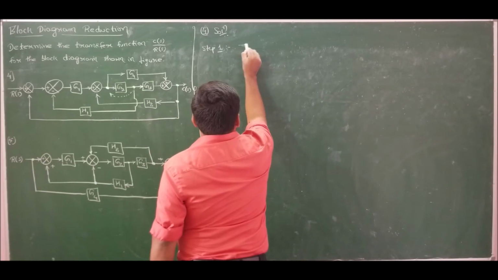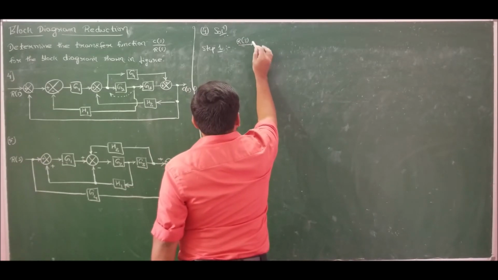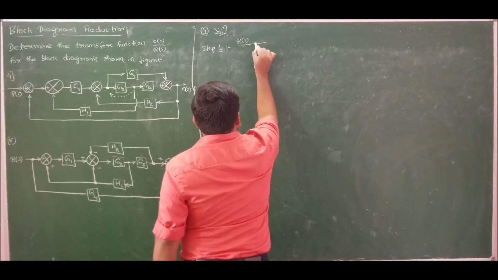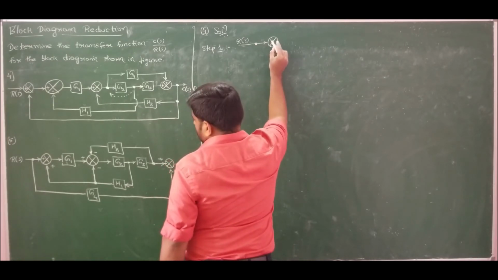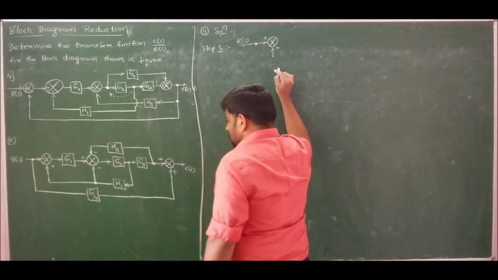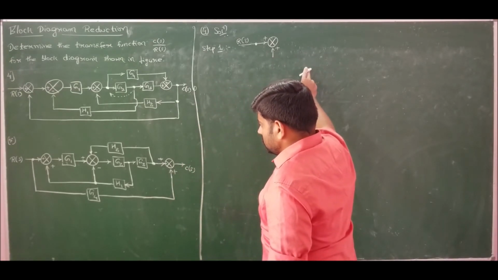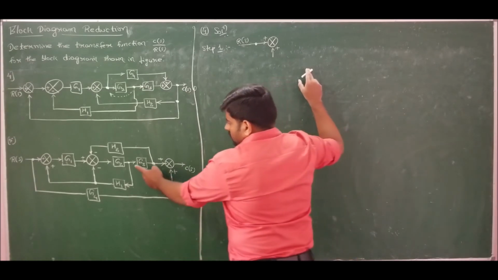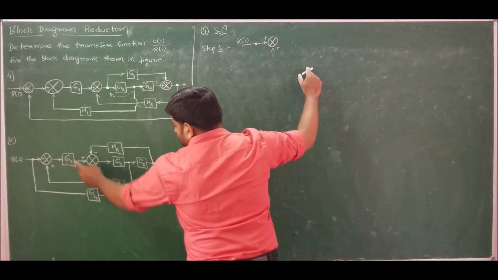We have R of S and we have a summing point with plus and plus. So from here we have H1 going to this summing point and also H1 coming to this summing point.